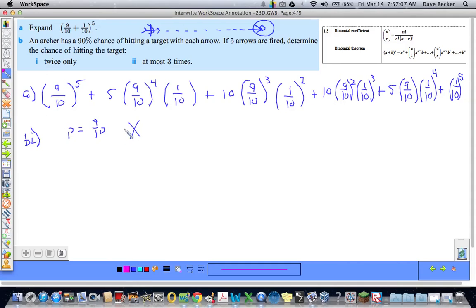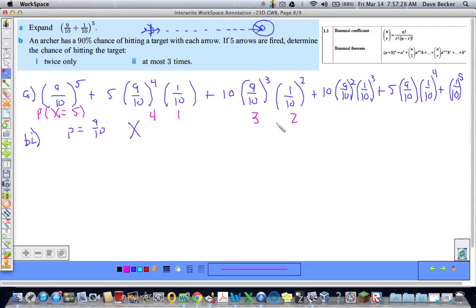This is the probability that our random variable X equals 5 hits. This would be 4 hits right here, 1 miss. 3 hits, 2 misses. Remember, these are the probabilities.